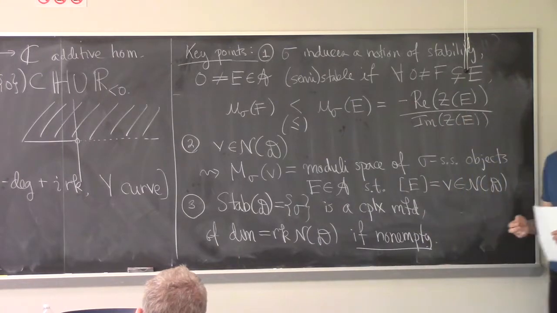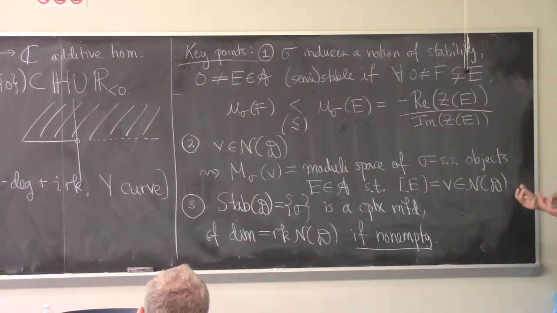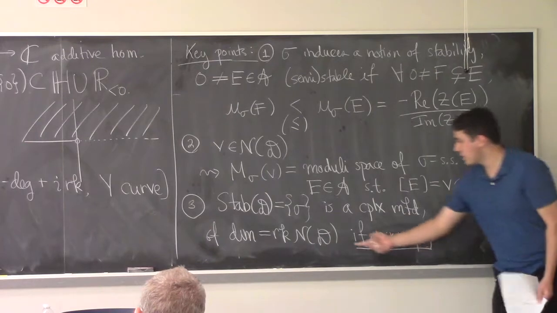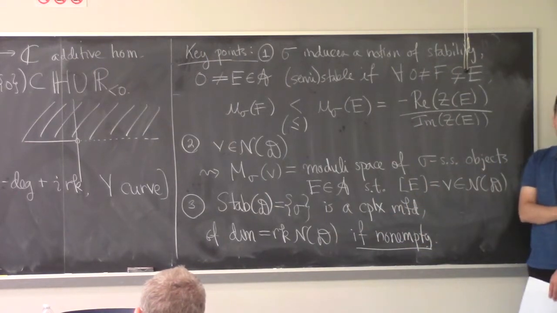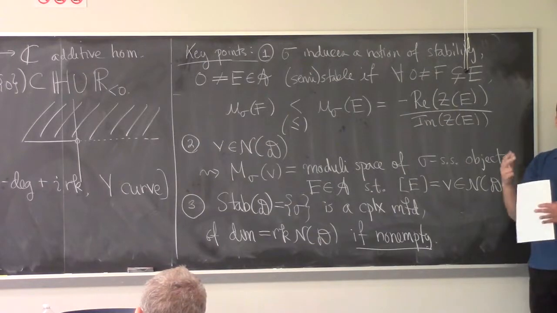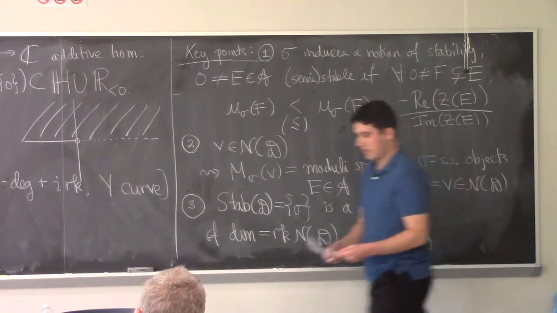Okay, so these stability conditions have a nice property, which is that there's a good deformation theory of them. So once you have one, you have many of them. You have a whole complex manifold. And the dimension is exactly the rank of this group. Any questions about this? This is my summary of Bridgeland stability.